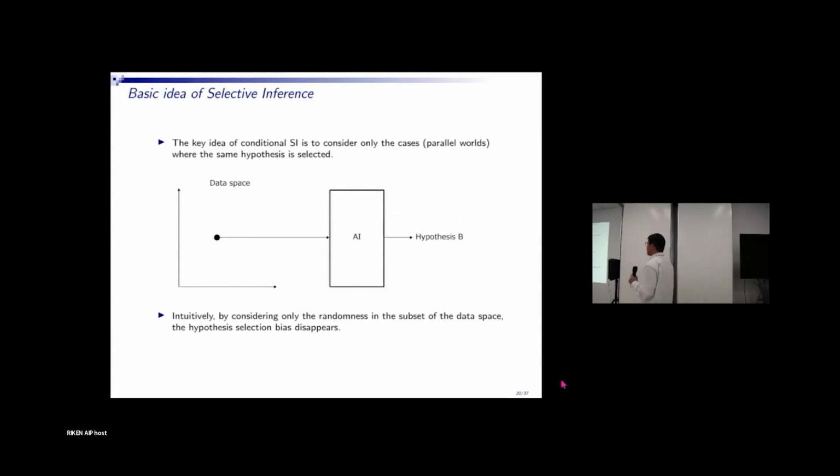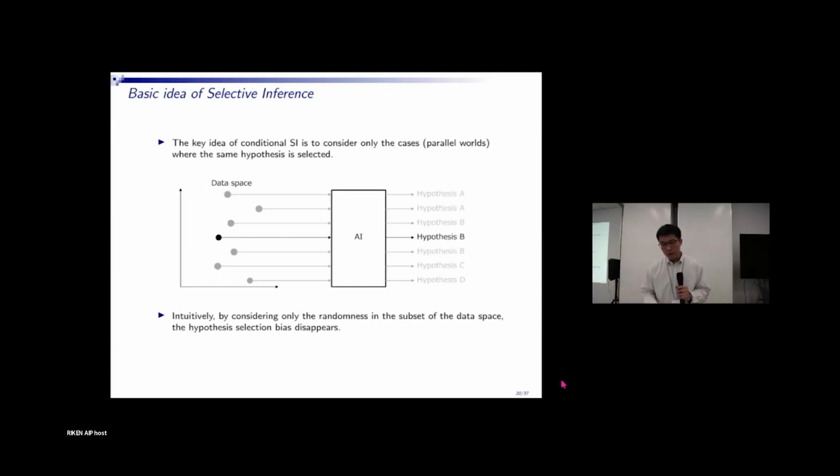So this is another view. Let's see, this is a data space. In our example, this is an n-dimensional space. This point indicates an image with n pixels. And if we apply one image to the AI, the deep learning model, a particular hypothesis B is selected. And if we apply another image in the data space, of course, a different hypothesis could be selected.